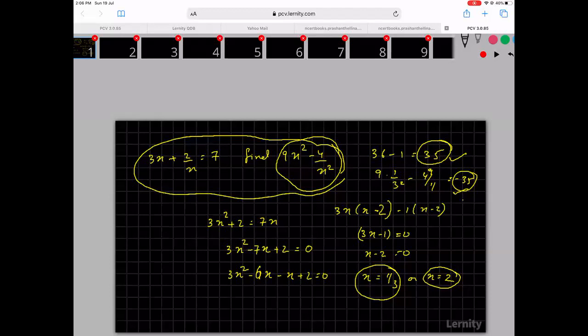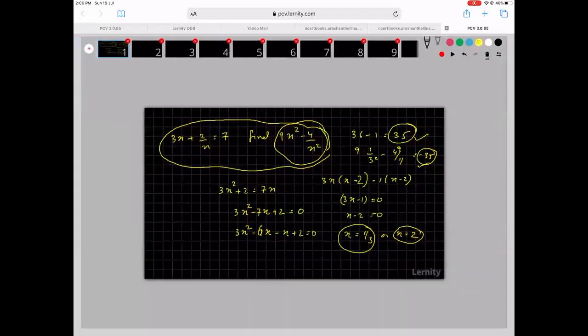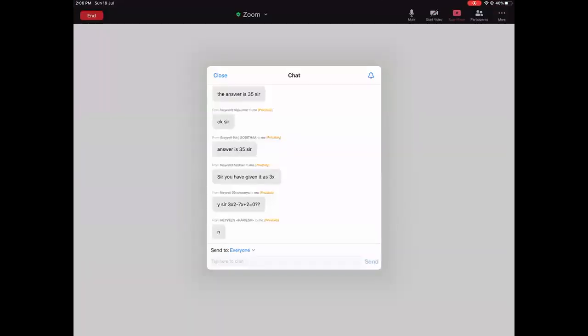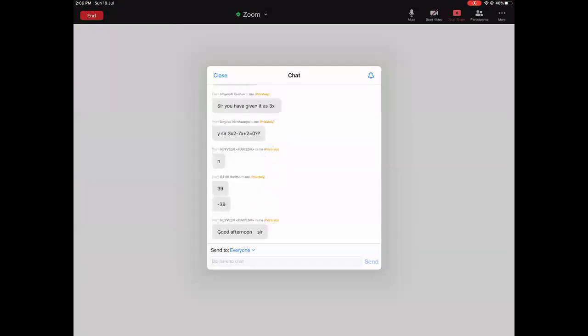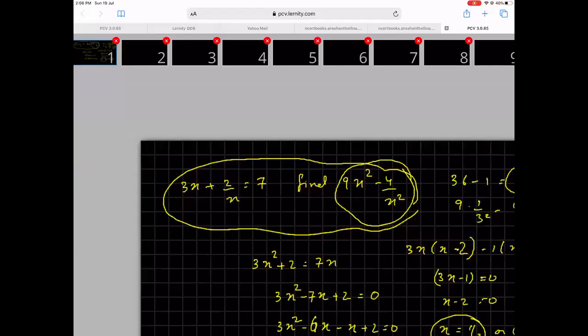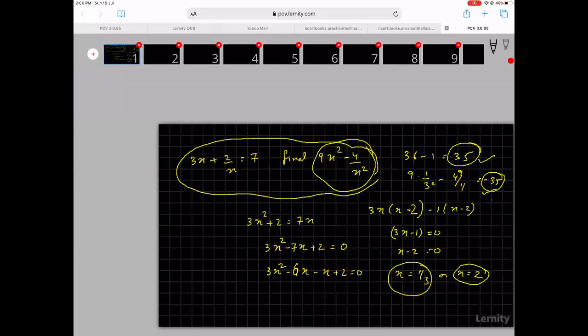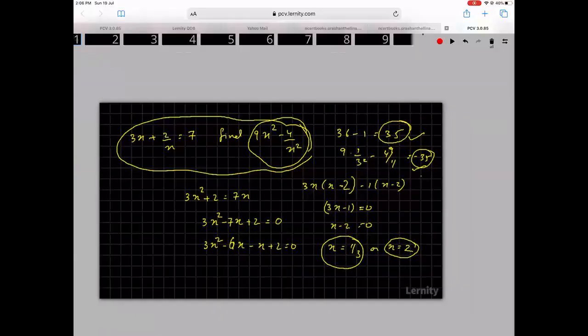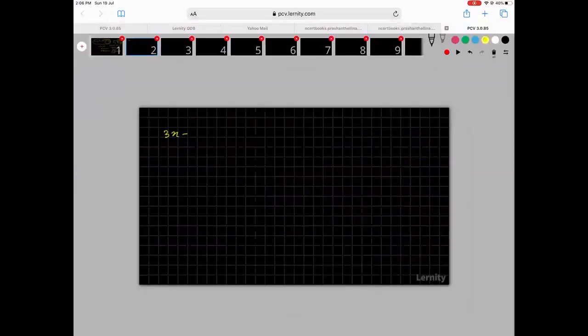Yes. So do you guys understand how we did this? See, the question is 3x plus 2 by x is equal to 7.